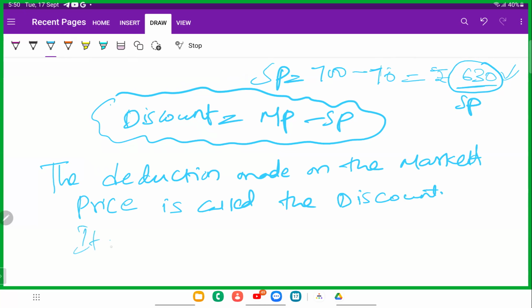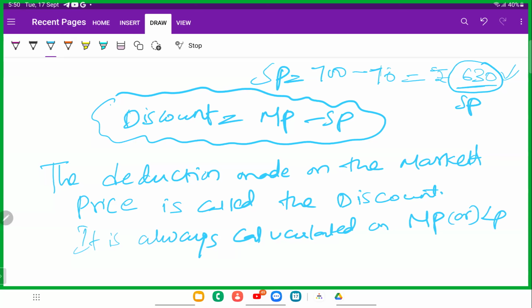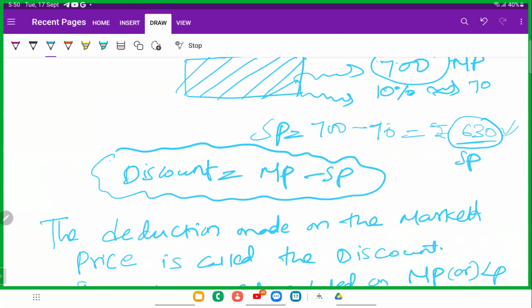It is always calculated on market price or list price. So please make a note of it.